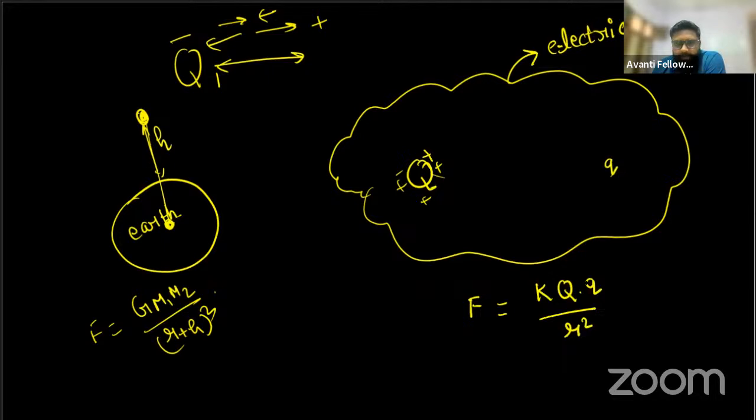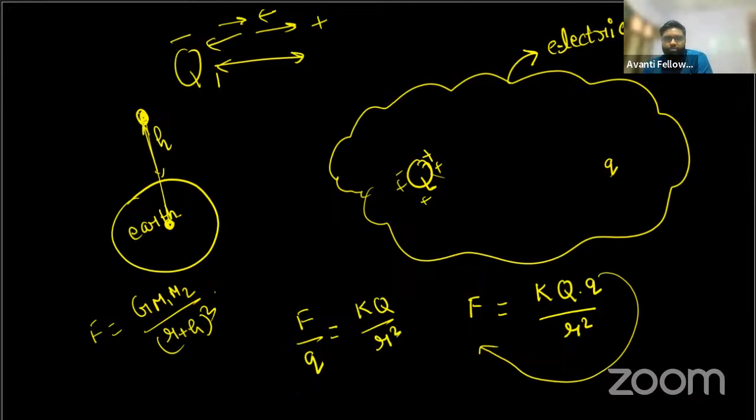Now if you divide by this q, it becomes F upon small q is equal to k capital Q upon r square. Now think, this is the same as the linear charge density we have given. So this particular charge you can consider a unit charge.